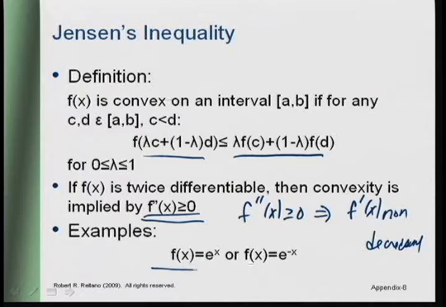So examples that we will commonly use in the finance of this text are e to the x or e to the minus x, both of which are convex. And we've had a number of results in various modules where we draw a conclusion about some important matter by using Jensen's inequality. I'll review a couple of examples.